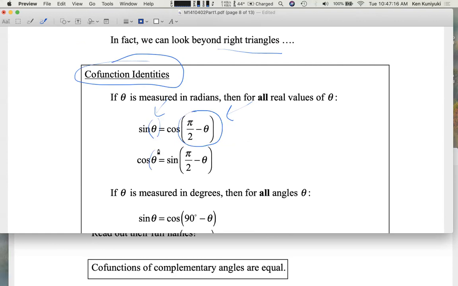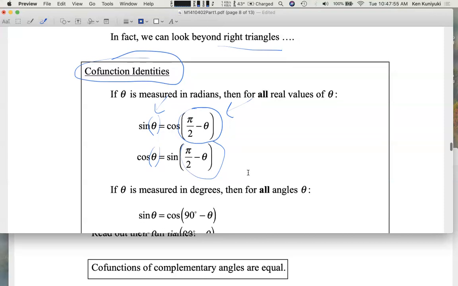Likewise, cosine of theta will always equal the sine of the complement, pi over 2 minus theta. The same is true for secant and cosecant, cosecant and secant, tangent and cotangent, cotangent and tangent. If you have a pair of cofunctions and a pair of complementary angles, cofunctions of complementary angles are equal, or they're both undefined. For example, the tangent of 90 degrees is undefined, so is the cotangent of 0 degrees.